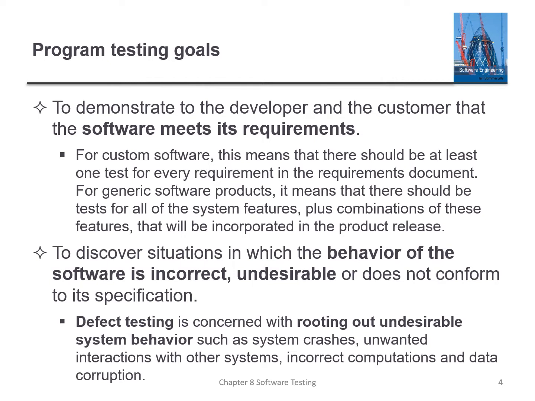When you do defect testing, you want to remove undesirable system behavior, such as system crashes, unwanted interaction, maybe the system freezes, or the page does not move and you cannot go to the home page, for example, or incorrect computation, a wrong formula, where you input certain data and different results appear on the screen, and also maybe when you want to save, the data is corrupted. So those are all the things that might go wrong.